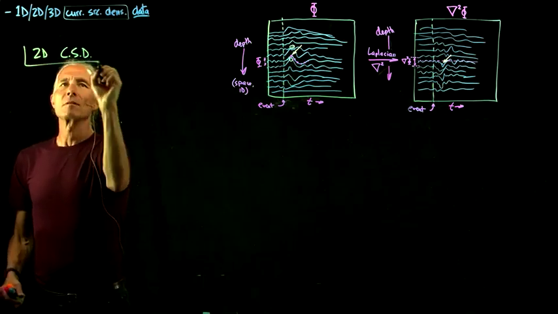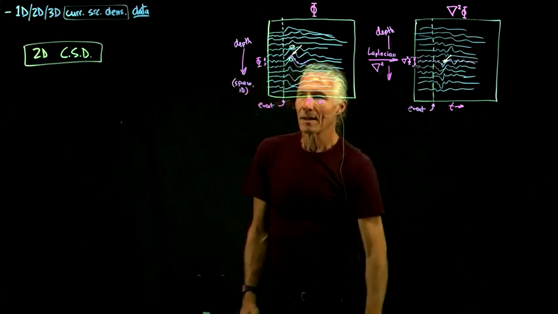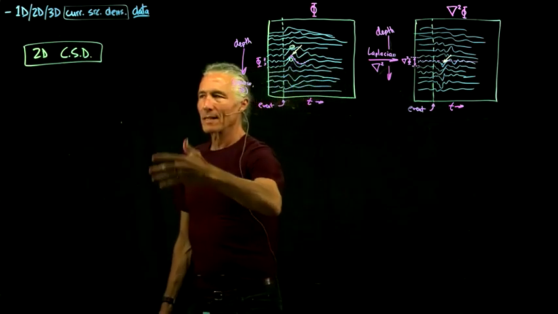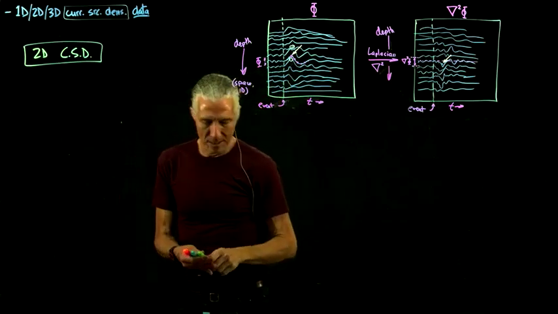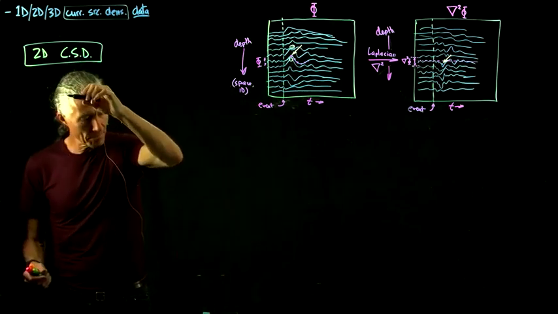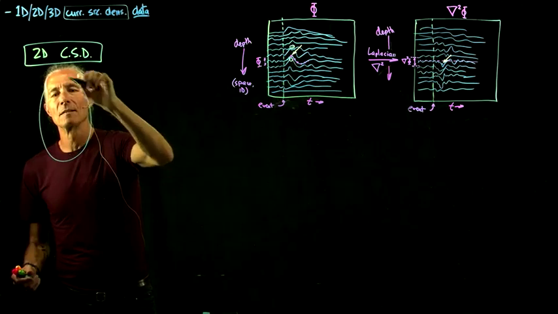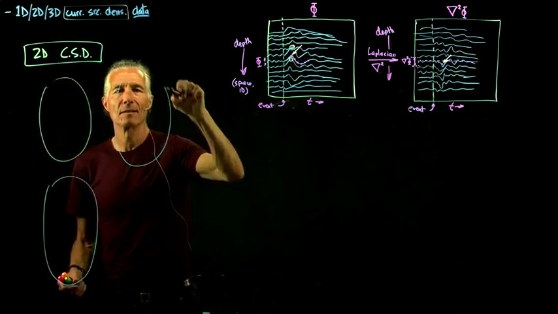And so what that does is calculate the second derivative with regard to space that's parallel to the cortex. Just imagine, I'll draw four heads here.